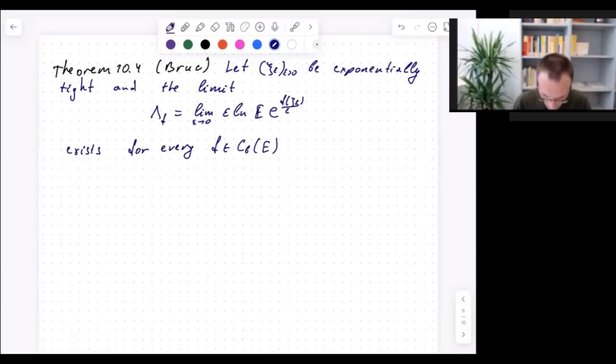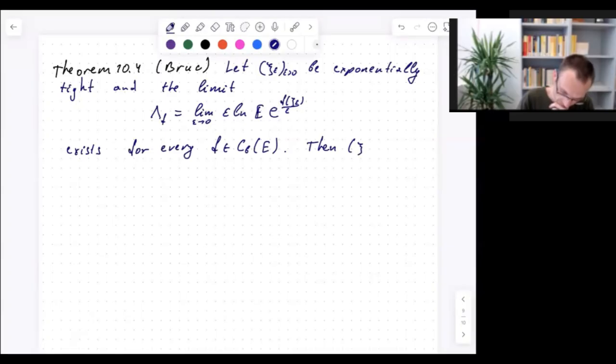It can be equal to plus infinity here, but it has to exist. Or minus infinity. I mean, the infinities are also allowed here.